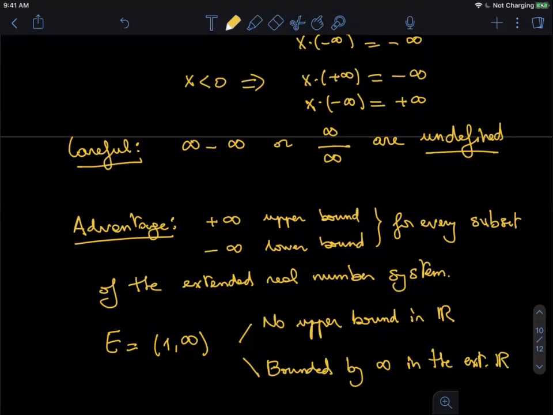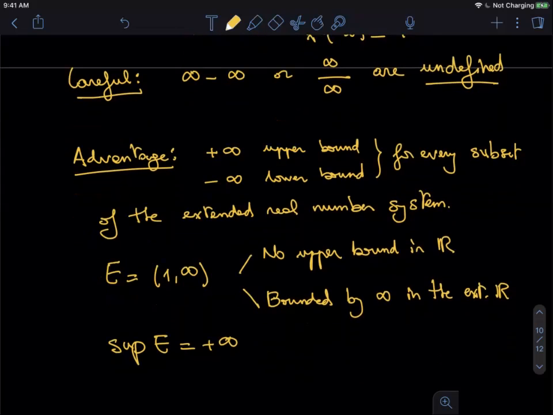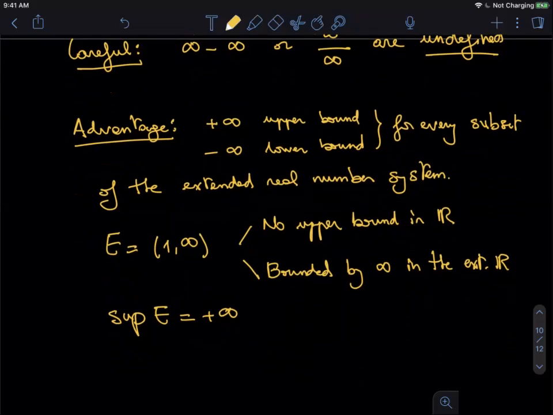Okay. Same thing, we can write here that the supremum of E is plus infinity if needed. Okay. And then we have similar remarks for the infimum and lower bounds. Okay.